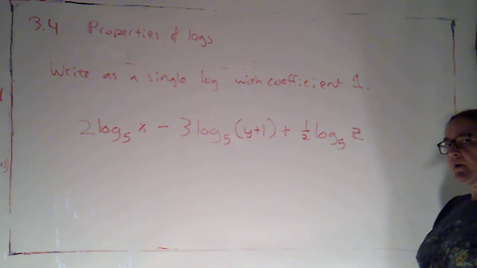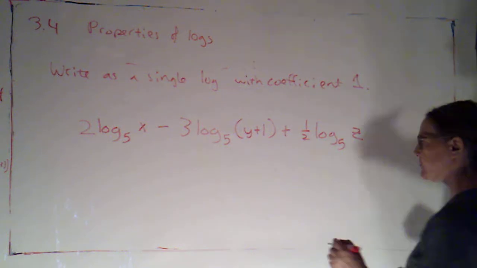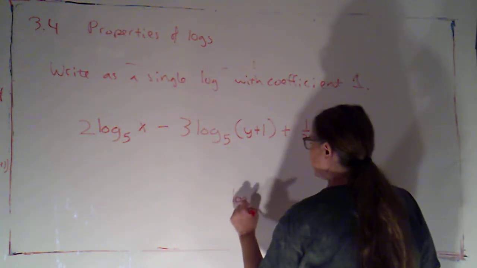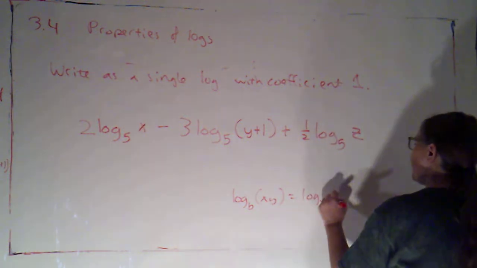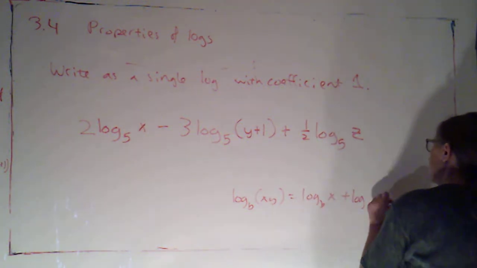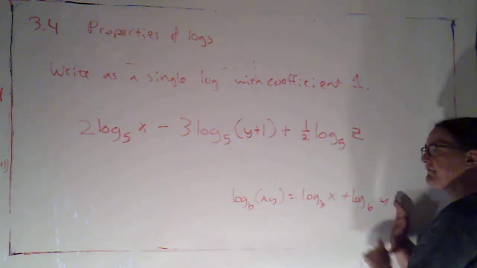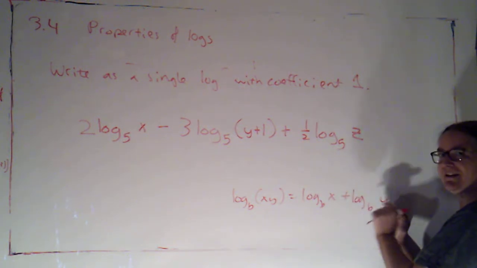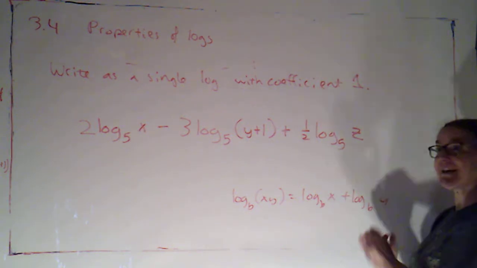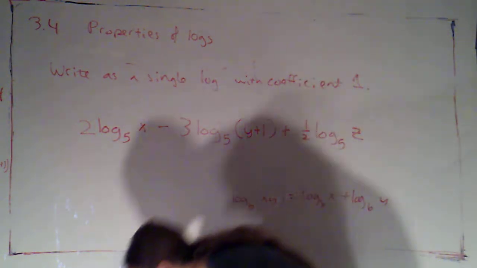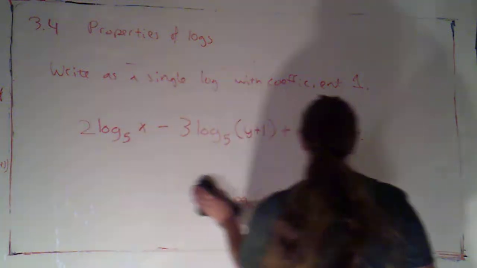But if you think about what the rules were, our product rule and our difference rule, we had the log base b of xy was the log base b of x plus the log base b of y. All of that involves one copy of the log. Same thing for our quotient rule. We always had coefficients of 1 when we were applying these rules.